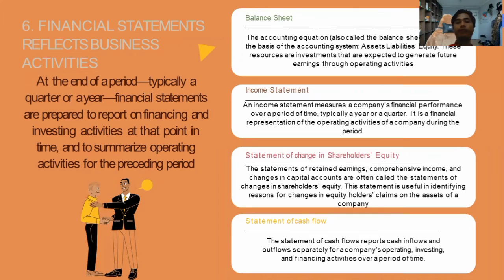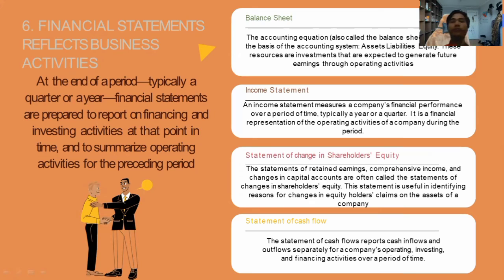The first one we have is the balance sheet. The accounting equation, also called the balance sheet identity, is the basis of the accounting system. Assets, liabilities, and equity. These resources are investments that are expected to generate future earnings in operating activities.